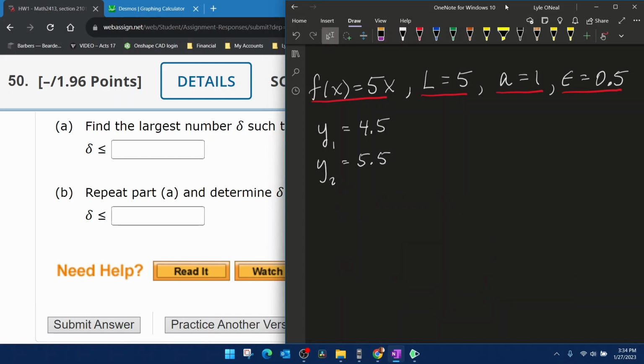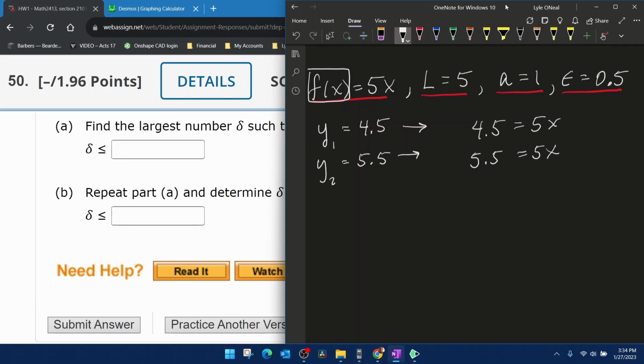Using the visual representation to make the calculations make sense, I know that the y's surrounding our limit, the boundary based on epsilon, gave me an upper bound of 5.5 and a lower bound of 4.5. We can plug those values in for f of x to calculate the x's. So we're going to say 4.5 is 5x, and then 5.5 is 5x.